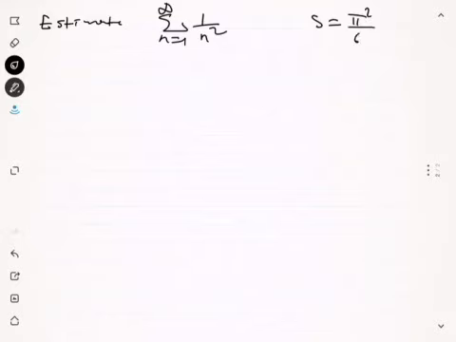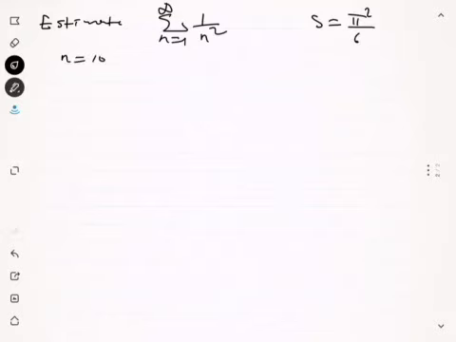So remember, let's say we want to estimate the sum as n goes from 1 to infinity of 1 over n squared. Remember that the answer for this, which we're going to call s, is pi squared divided by 6. But suppose that we didn't know what it was. We still can estimate. So let's say we want to estimate that with n equals 10.